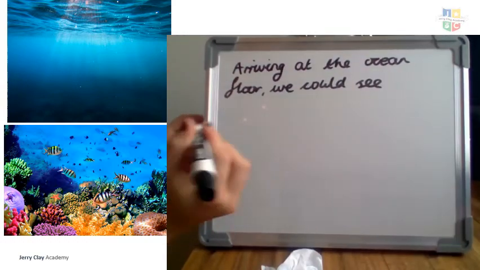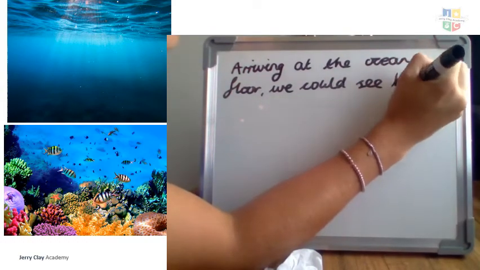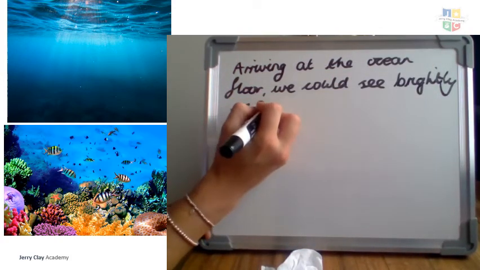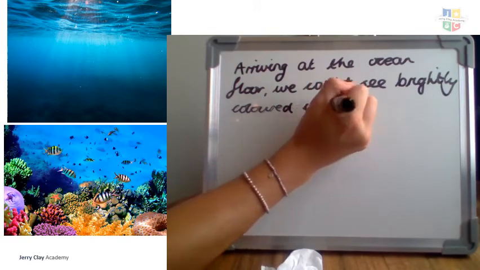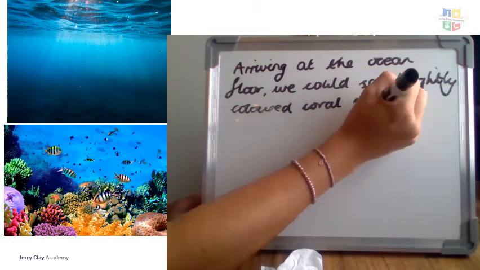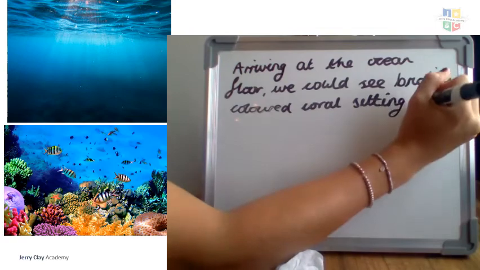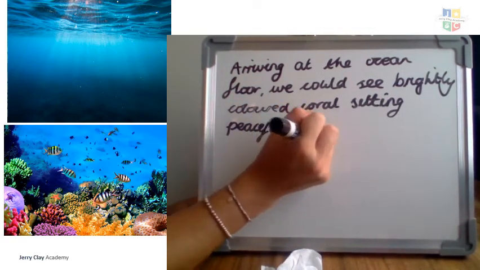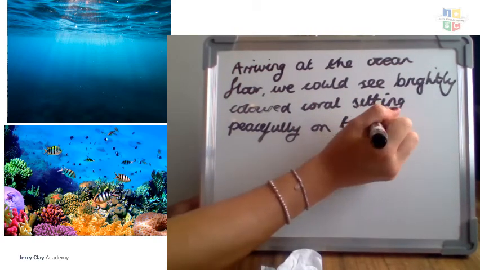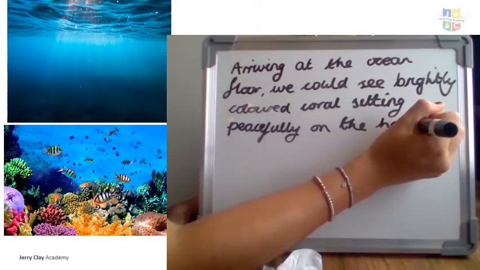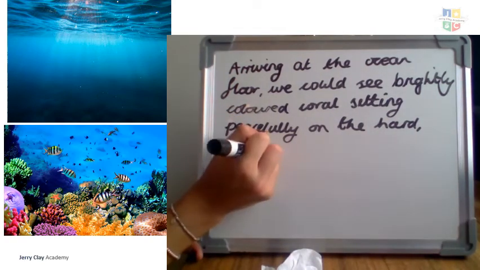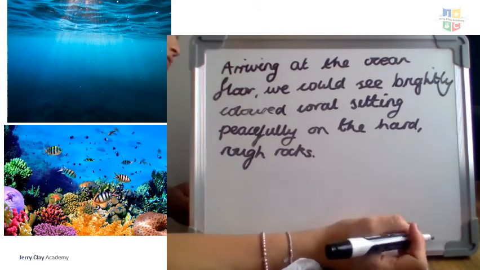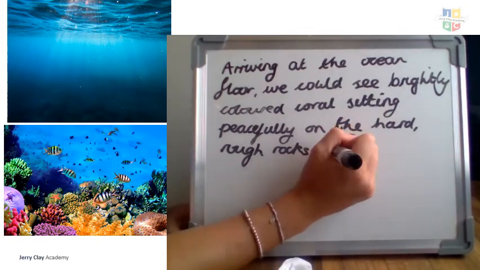So, arriving at the ocean floor, we could see brightly coloured coral. So I'm just using what I did before, sitting peacefully on the hard, rough rocks. I could then think about, right, well, I said about a turtle, so I'm going to say swimming.